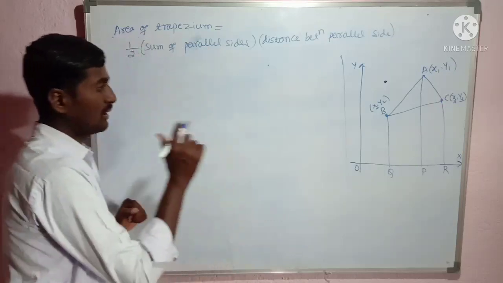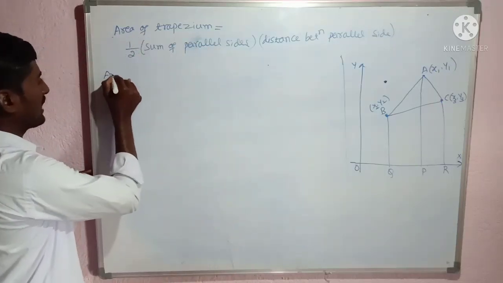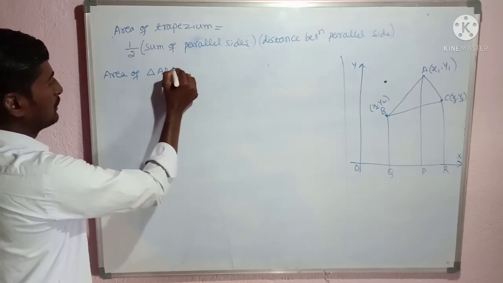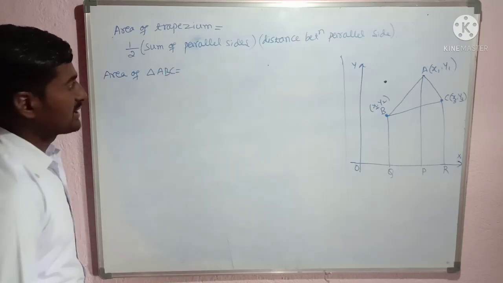Okay. Now I'll write it now. Area of triangle ABC is equal to, what is that?